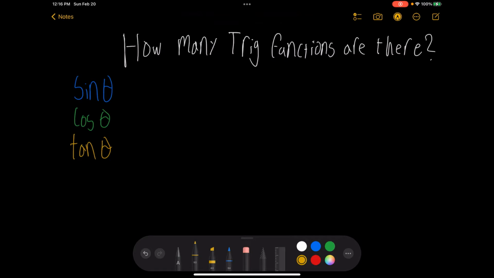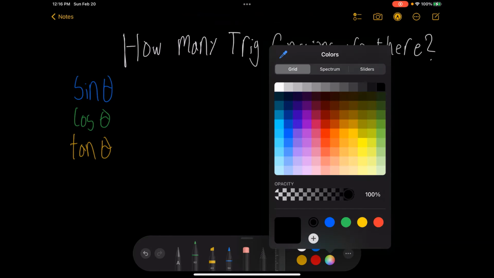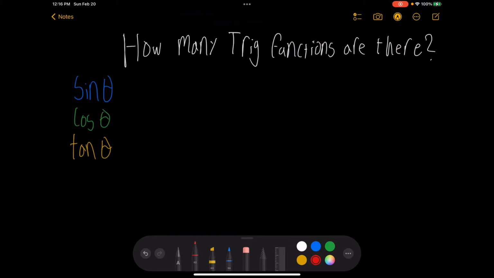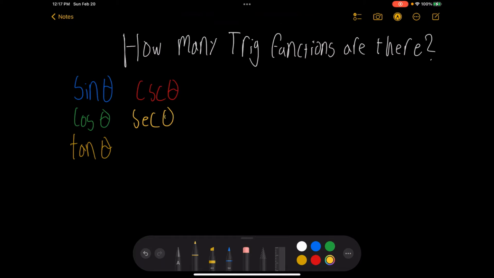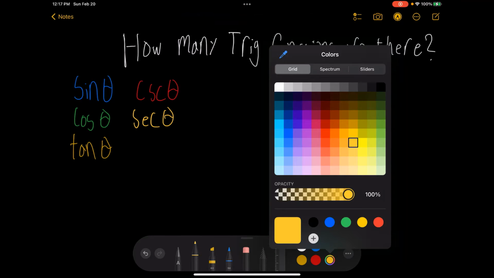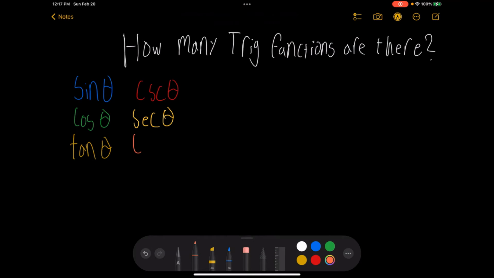But wait, if you've taken a calculus class, you've probably heard of some additional ones. You've probably heard of cosecant theta, secant theta, and cotangent theta, cot, right?